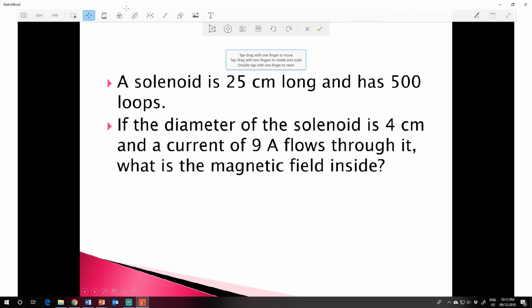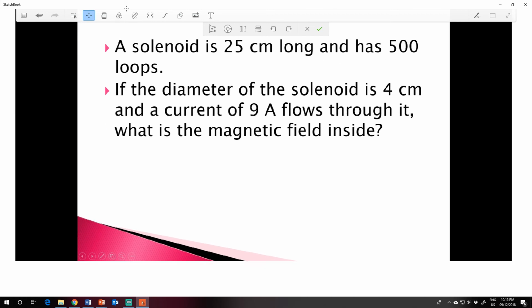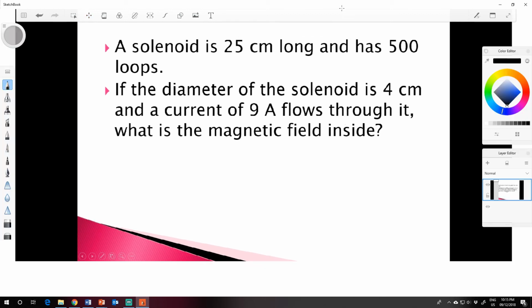Or diameter. All right. So according to our equation, magnetic field strength is mu zero times I times n, where n is equal to the number of loops per meter.